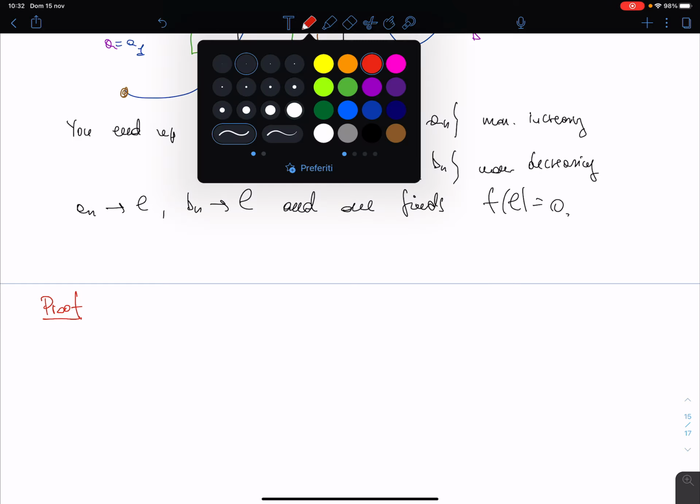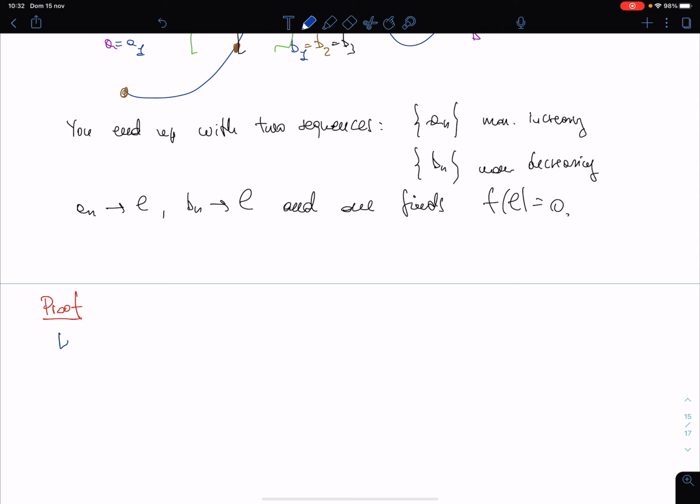So the proof is the following. Let us consider the point C. It is the middle point of the original interval, so it is (A plus B) divided by 2. We distinguish between 3 cases.